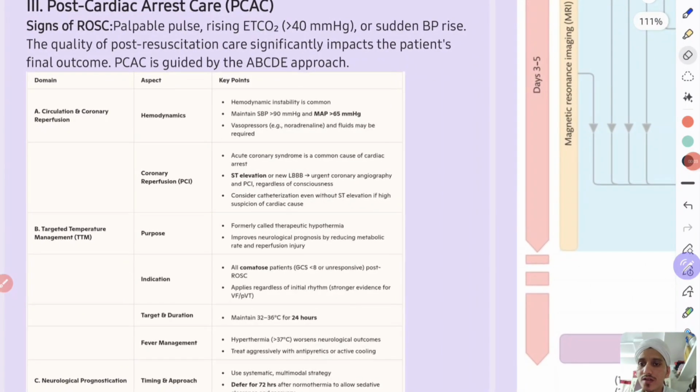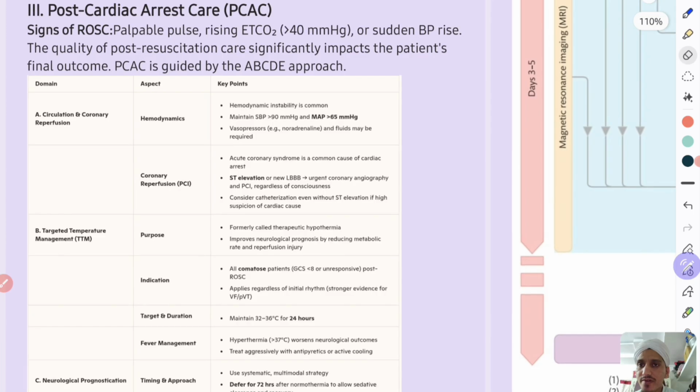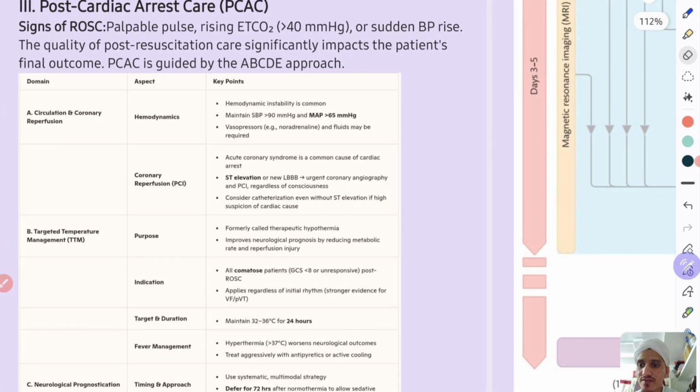Now we have performed BLS, ALS, and suddenly we have got ROSC in the patient. What are the signs of return of spontaneous circulation? Palpable pulse, or the most important sign, rising endotracheal carbon dioxide more than 40 mmHg, or sudden BP rise.